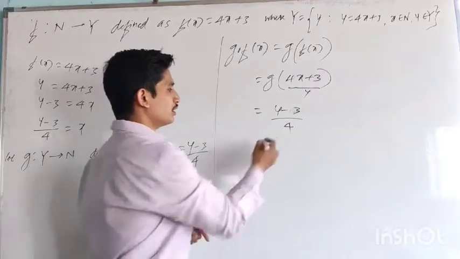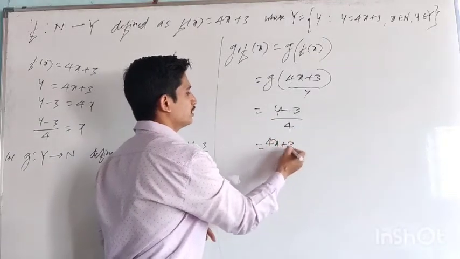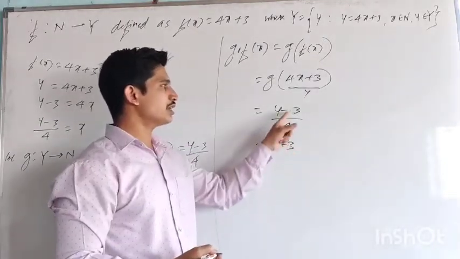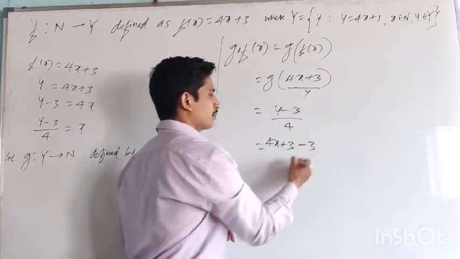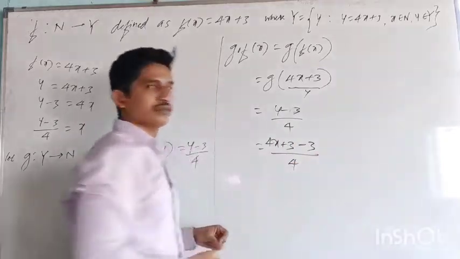But what is the g of y function? g of y is y minus 3 by 4, that is, y minus 3 divided by 4. Now put the value of y here. The value of y is 4x plus 3, then there is a minus 3, minus 3 divided by 4.